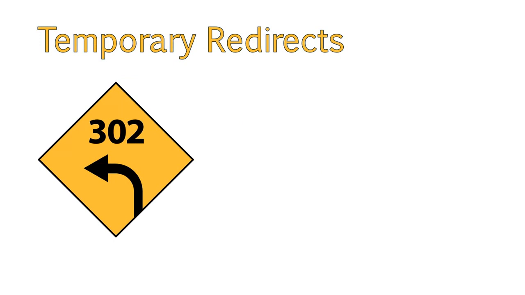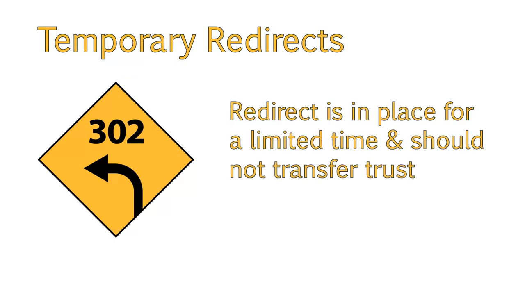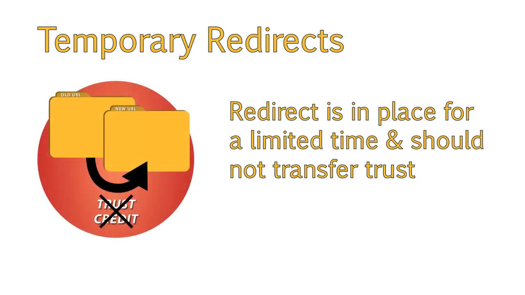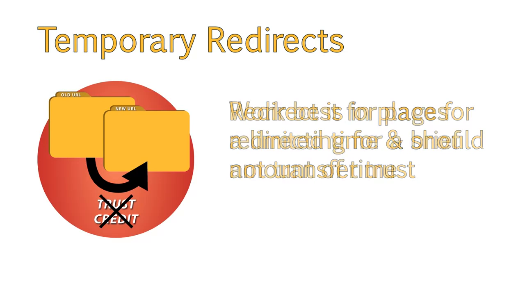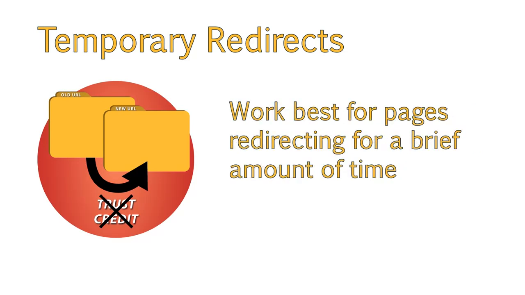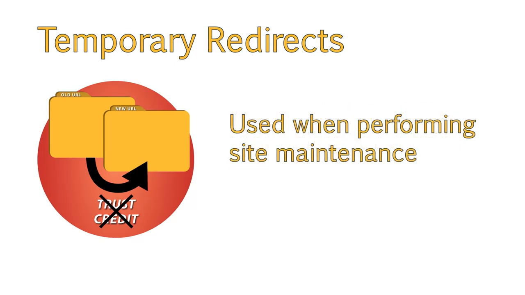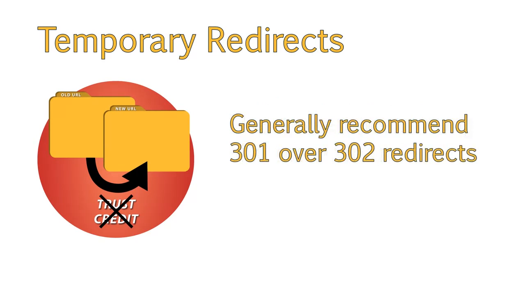Temporary redirects, on the other hand, tell search engines that the redirect is only in place for a limited time and to not transfer any trust to the redirected version. In some cases, a temporary redirect is best, and these cases are when the page is only temporarily redirected to a different page. This may happen if you are performing site maintenance. These issues are usually rare, however, so in SEO, we generally always recommend a 301.